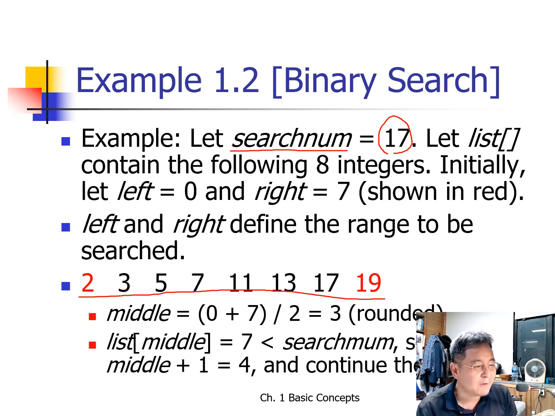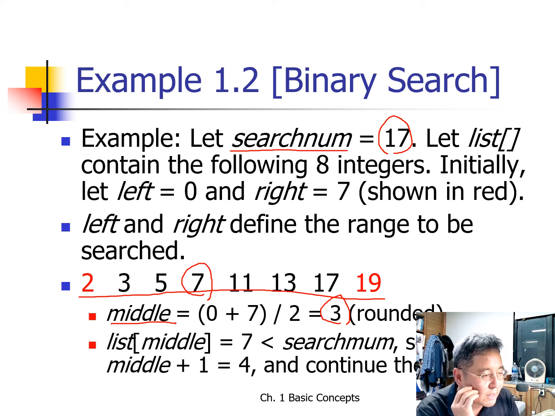We will find the middle index. 0 plus 7 divided by 2 can be rounded to 3. Index 0, 1, 2, 3. Yes, this can be said to be the middle data among the whole data set.